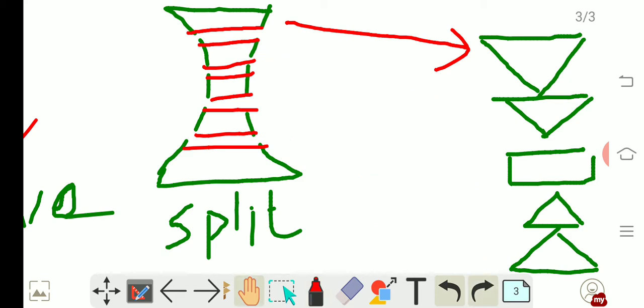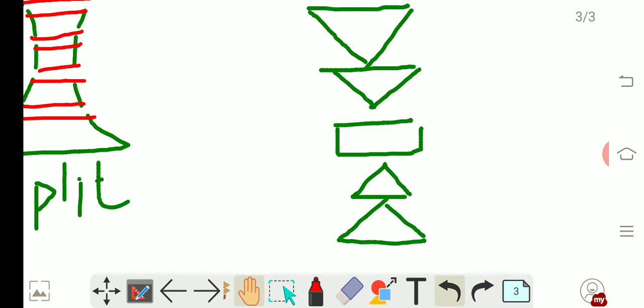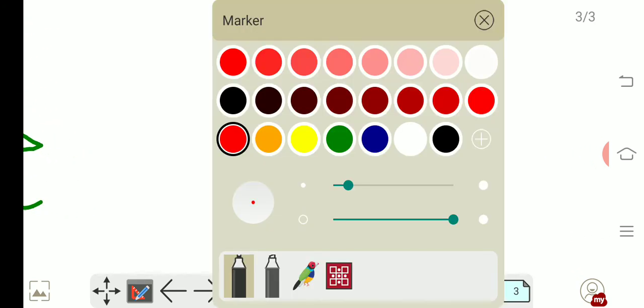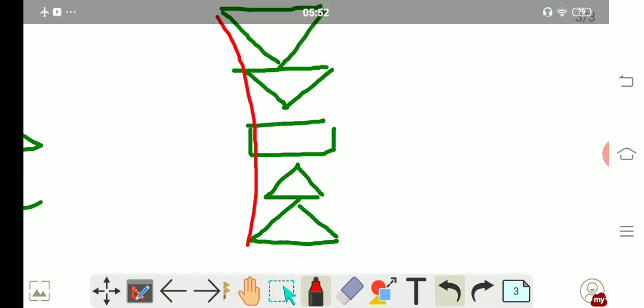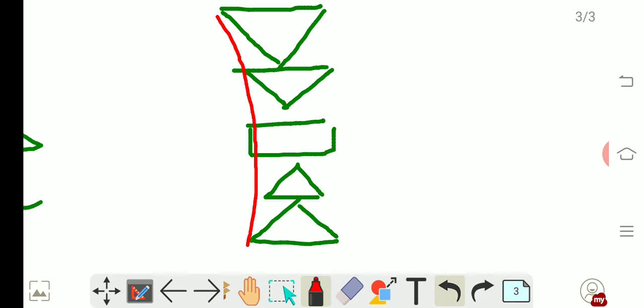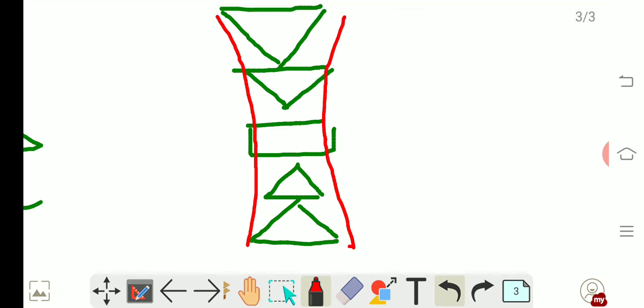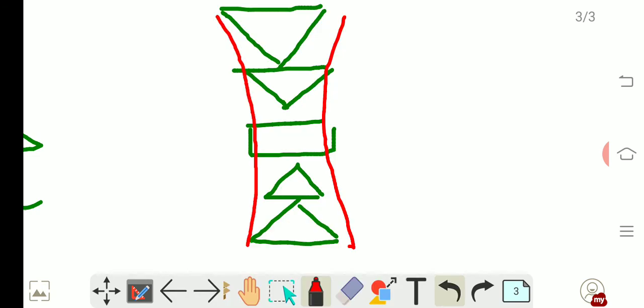Now let's move here. So if I join this, it looks like a concave lens. Let's make the ray diagram for it.